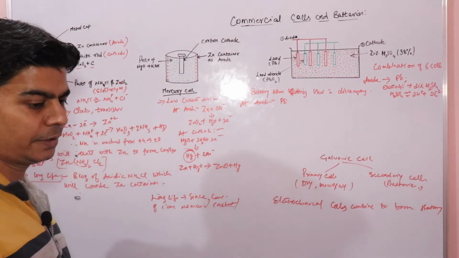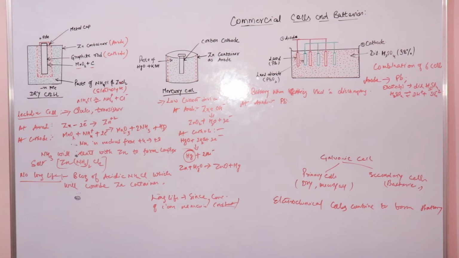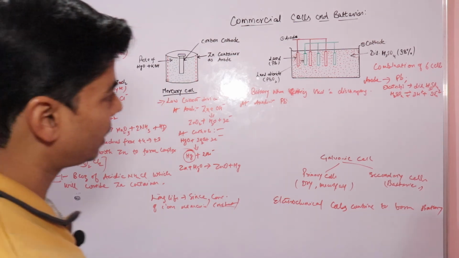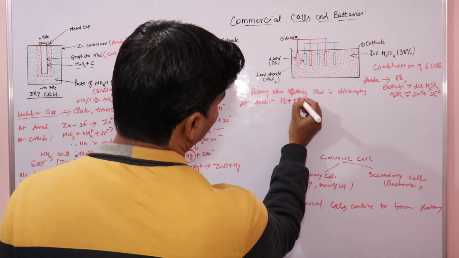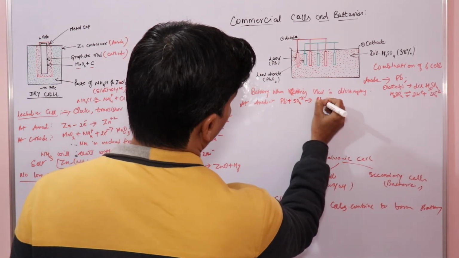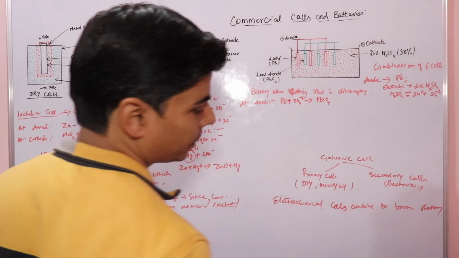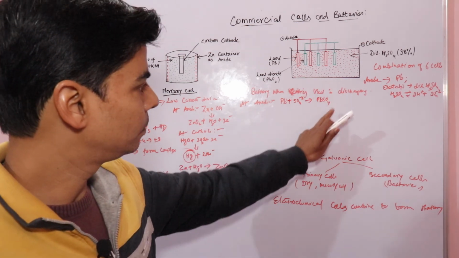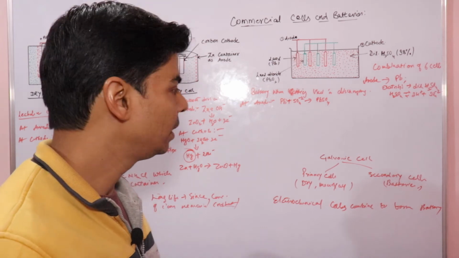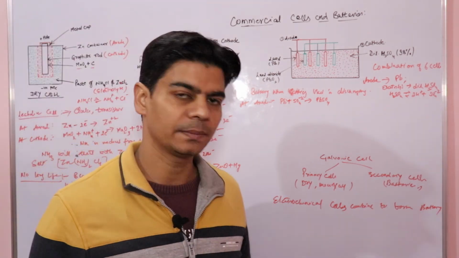So lead will combine with sulfate ions to form lead sulfate, plus 2 electrons. These electrons are coming from the lead. You probably know that lead sulfate is a precipitate.